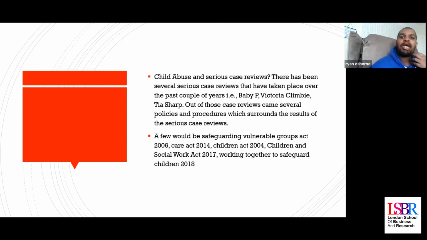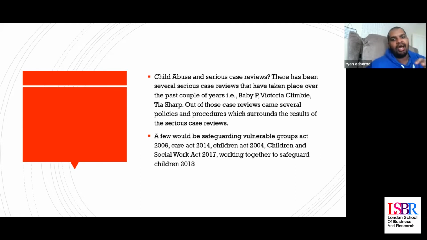So it may be adults, young adults, adults with a disability, young adults who have a disability, or young adults who are leaving care.